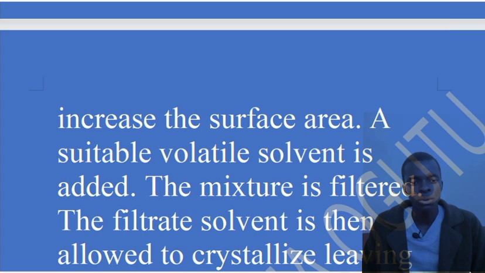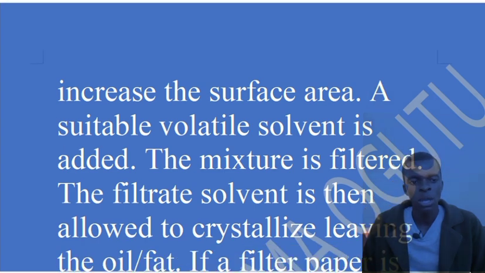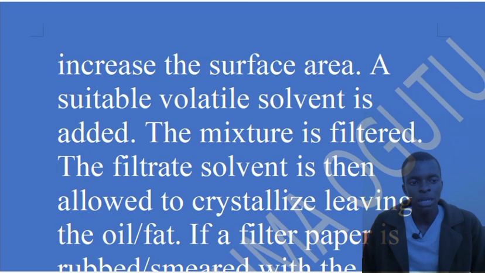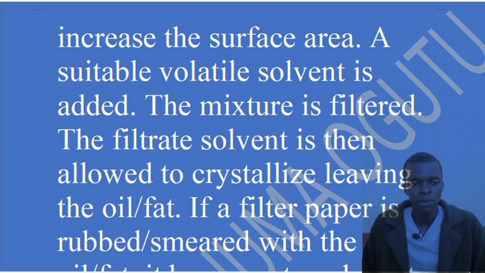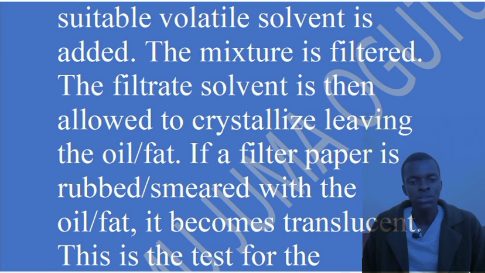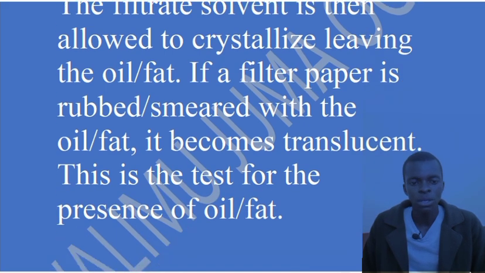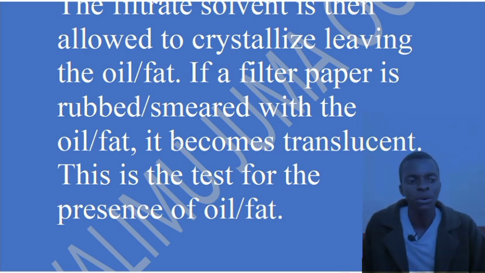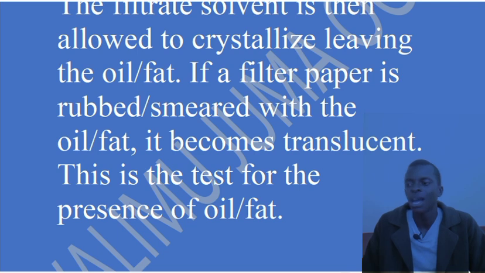Add a little propanol and continue crushing while adding little propanol until there is more liquid mixture than solid. So we decant or we filter, then put the filtrate into an evaporating dish. Evaporate the solvent using solar energy or the sunlight. Then we smear a portion of the residue left after evaporation on a clean dry filter paper.